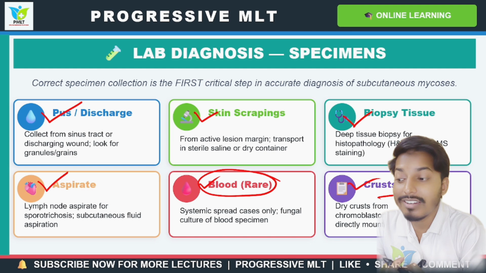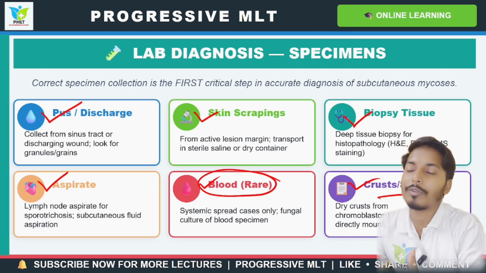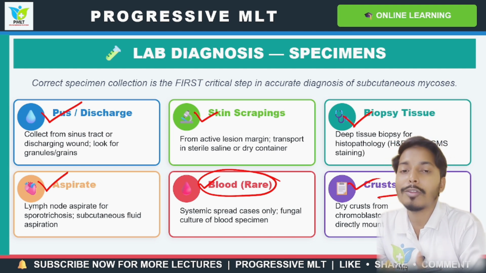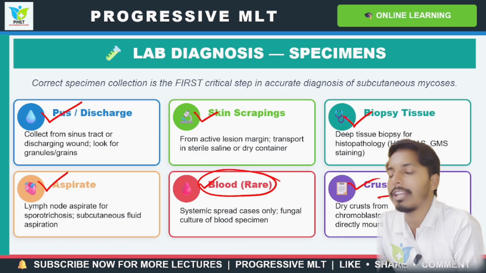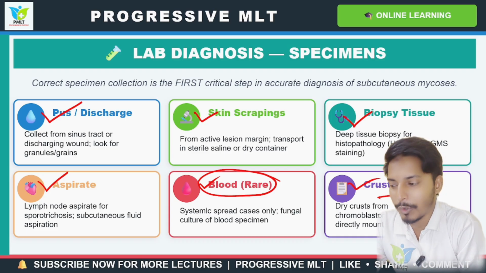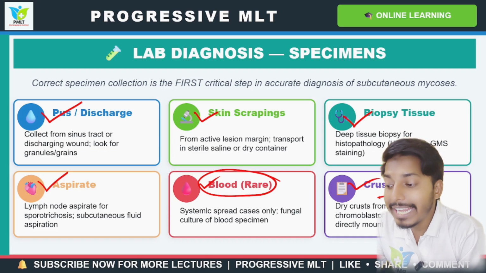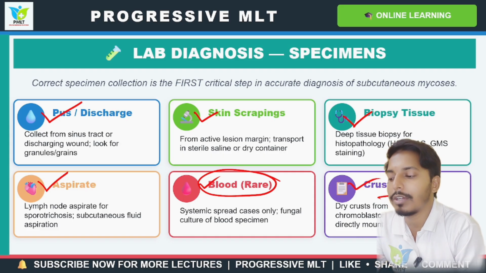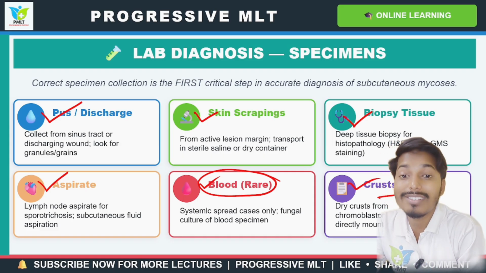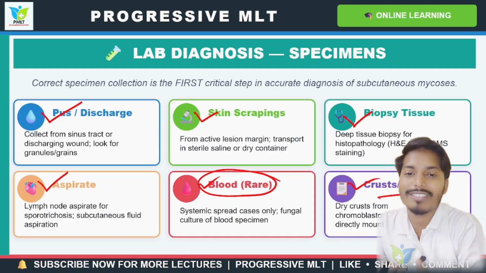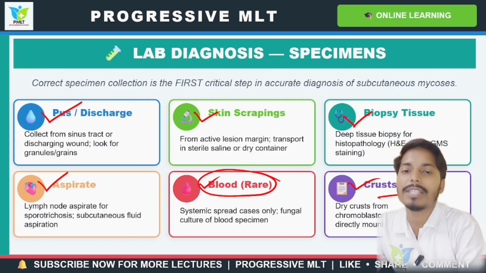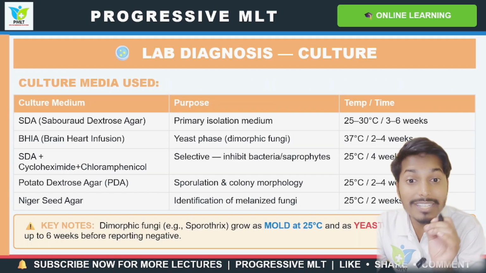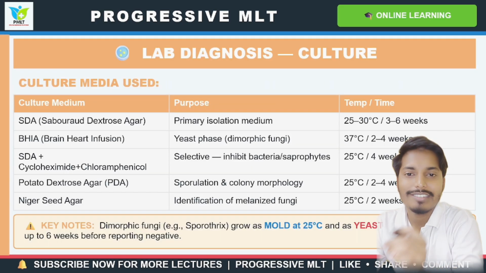If the infection is related to tissue, then you have to collect the biopsy. If any lymph node related infection occurs, then you have to aspirate the lymph node. If dry crusts are found in the lesions of chromoblastomycosis, then you have to collect the crust or scab. These are the specimens you may collect, based upon the infection.